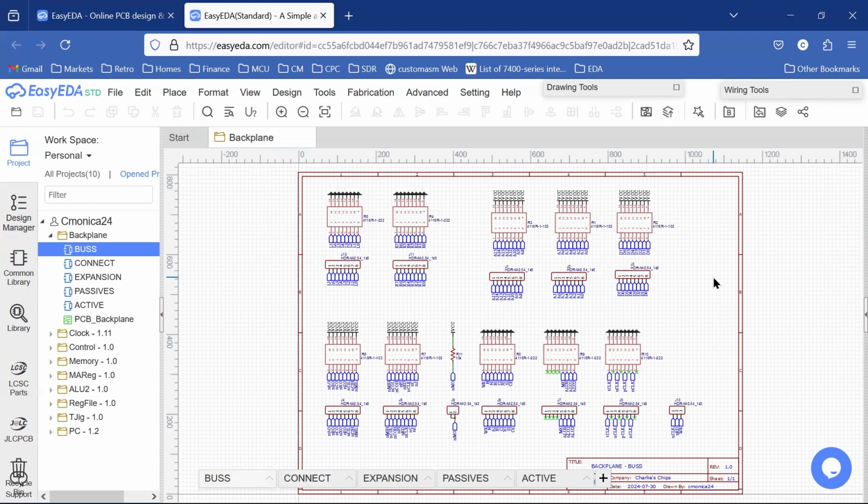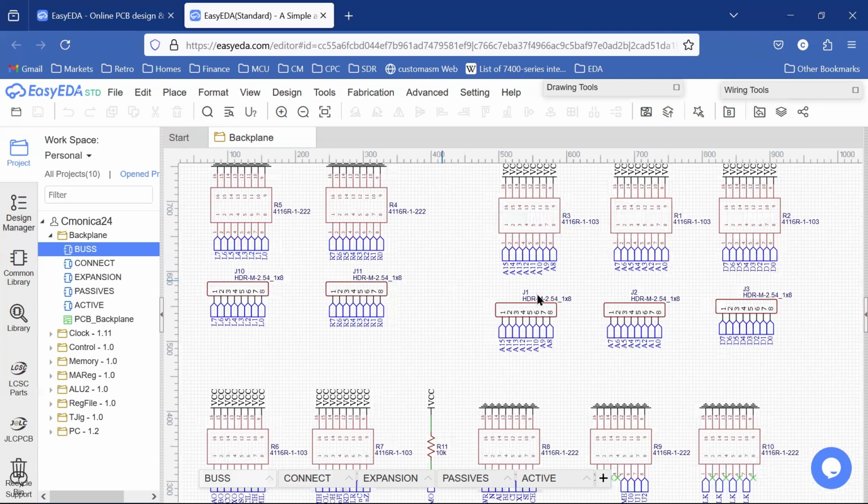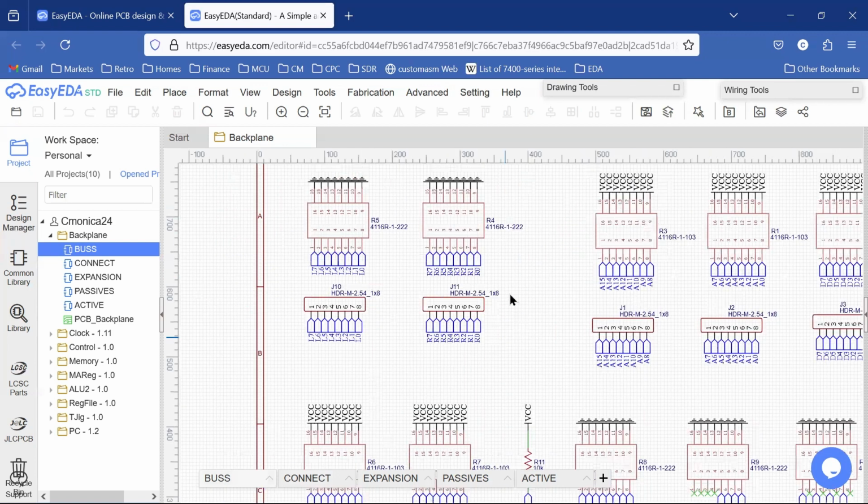Do unit testing on the backplane before we plug in our cards to the backplane. So I went back and forth on different ways to do that. I could have had some testing pads on the backplane. I could have had some switches on the backplane, but what I decided to do was to provide a breakout header for each of our buses.